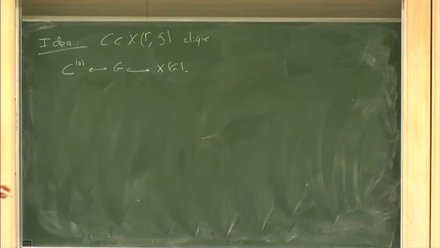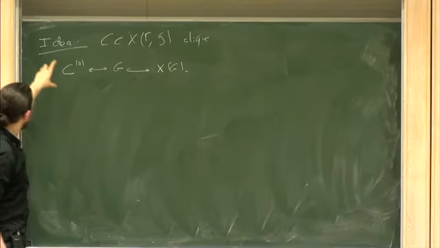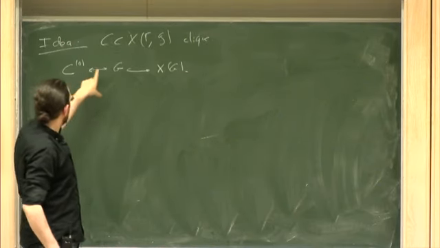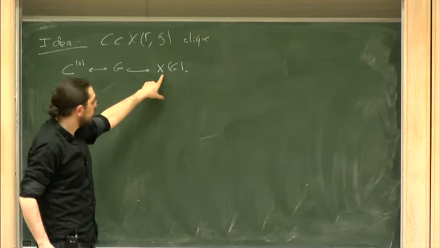Okay. So what I want is a quasi-median graph whose cliques are essentially copies of X(G). And here I know that X(Gamma G) is a quasi-median graph whose cliques are identified with subspaces of X(G). Okay?